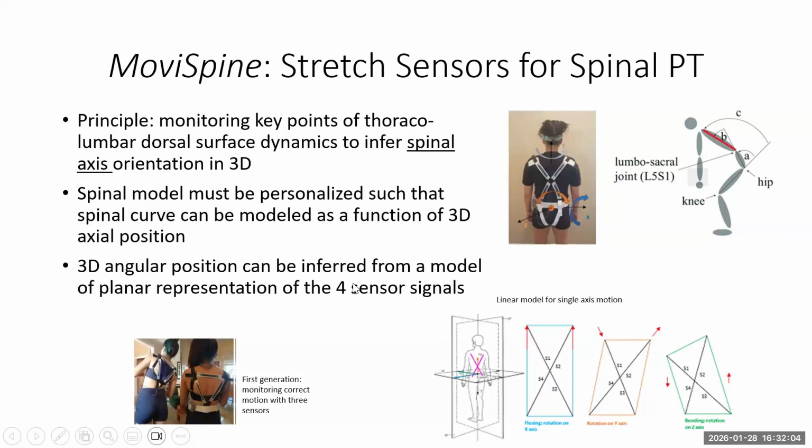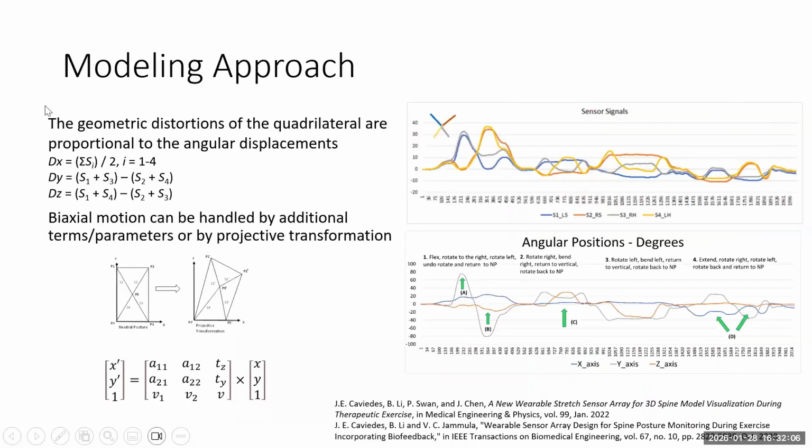So the way we did that was to do a projective transformation to calculate the 3 angles from the sensors.